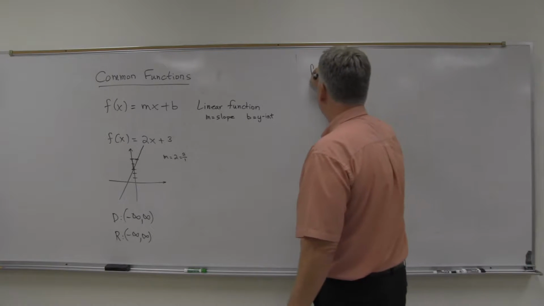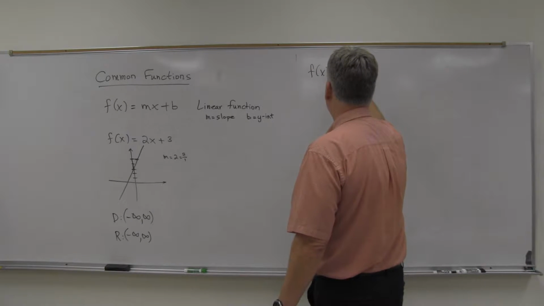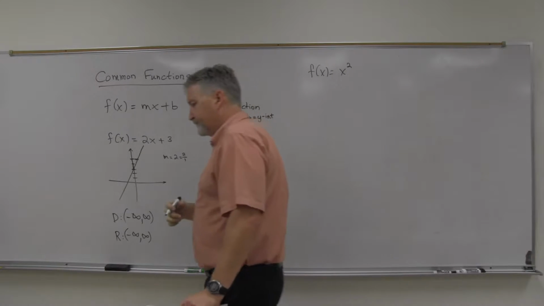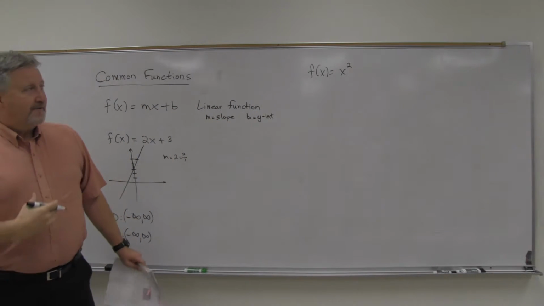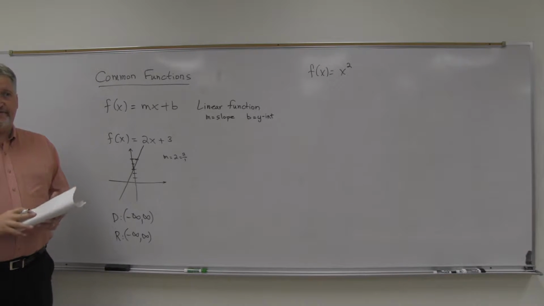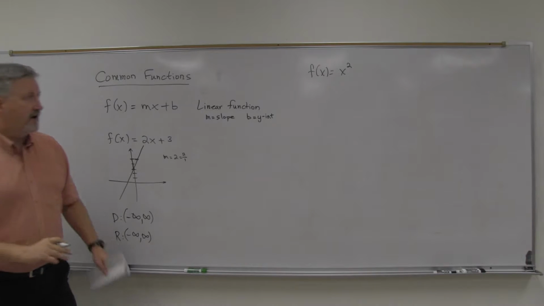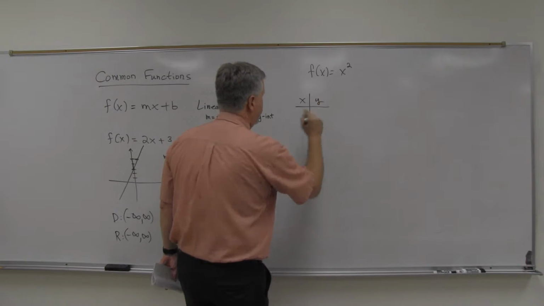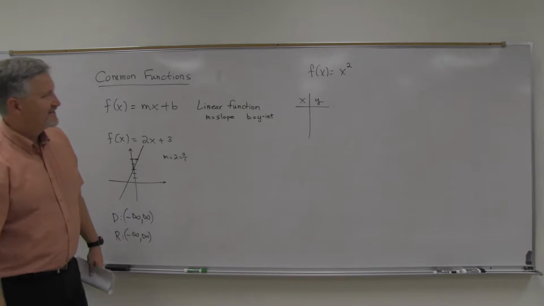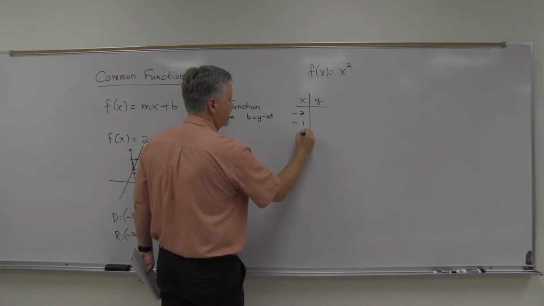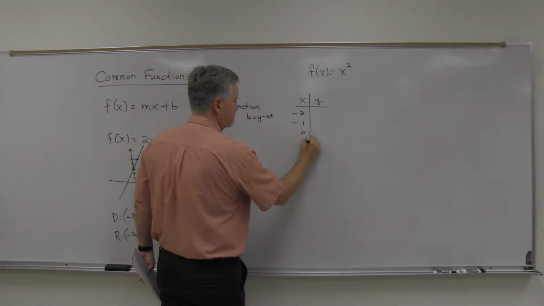All right, so let's go to the f of x equals x squared. Since we're just starting these out, let's go with a table of values to figure out what the graph looks like. Let's just do 5 points, which is usually sufficient.